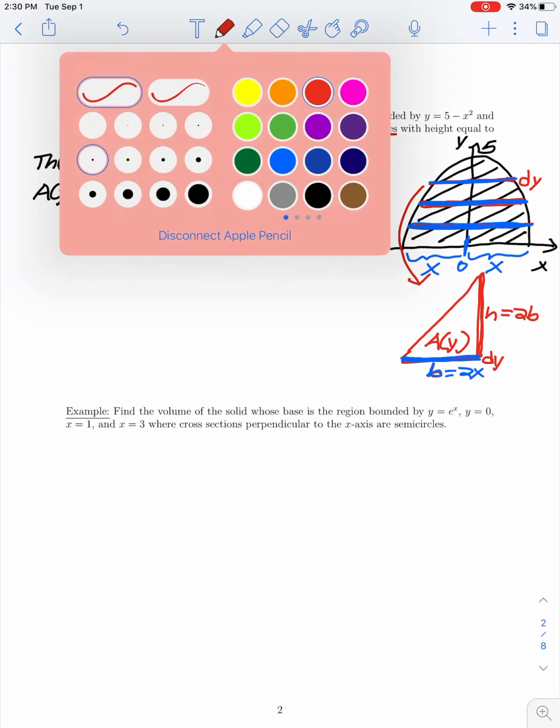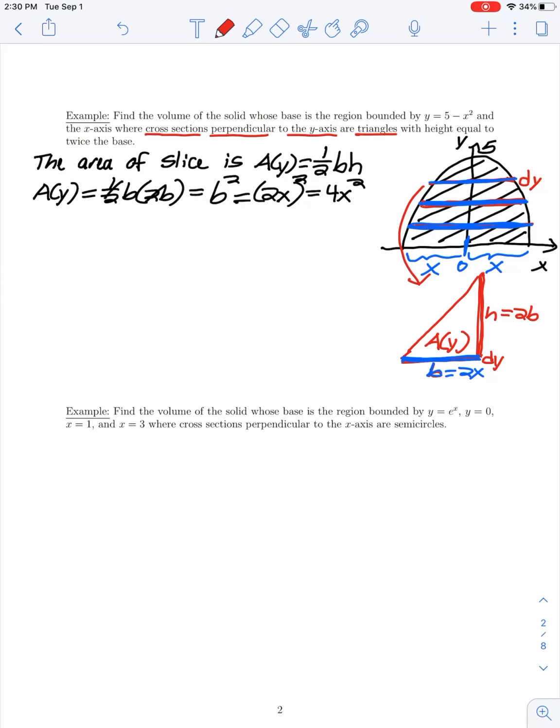However, what's a little bit tricky in this one is that since I'm slicing along the y-axis, I need my area as a function of y, not a function of x. So let's think about how to get that.